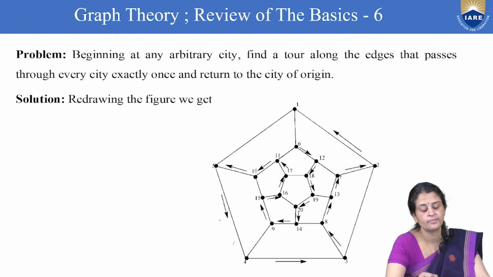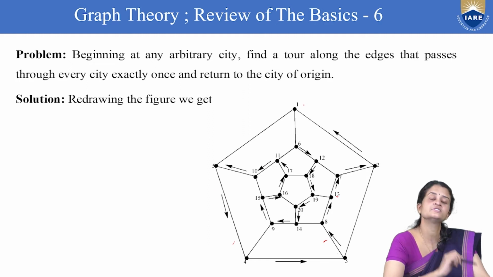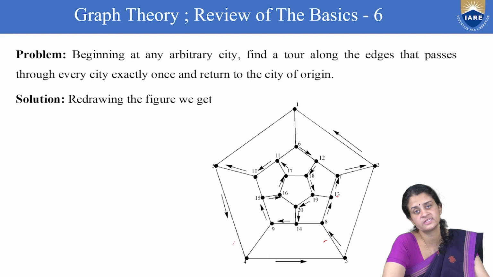It's a pentagon. These 20 cities have been replaced like this, and their connections were replaced like this. Okay, 1, 2, 3, 4, like that. It has been placed, and the question is whether it is possible to go through all these 20 cities exactly once. That problem was proposed and shown like that.